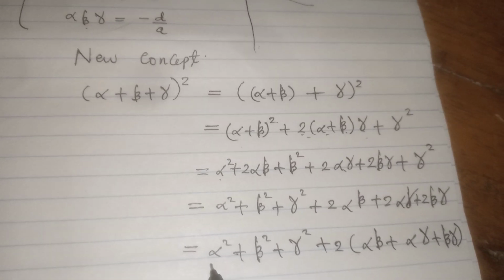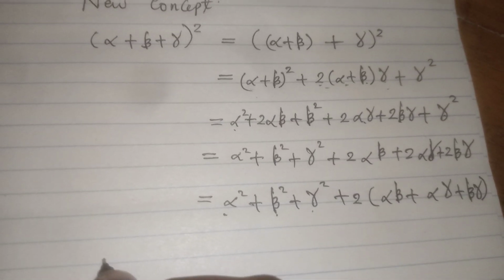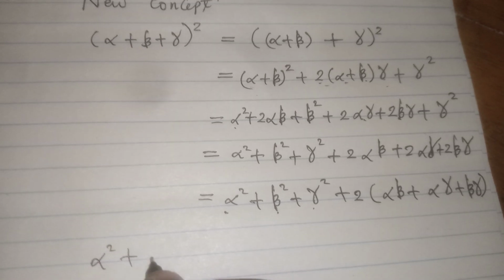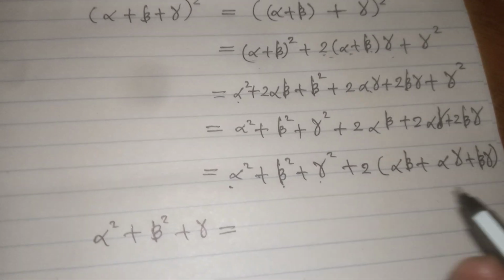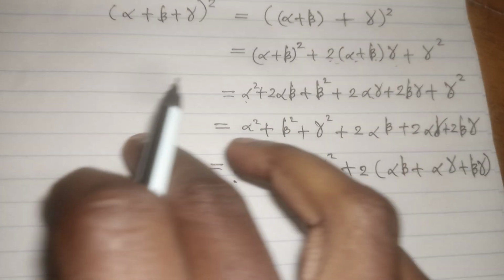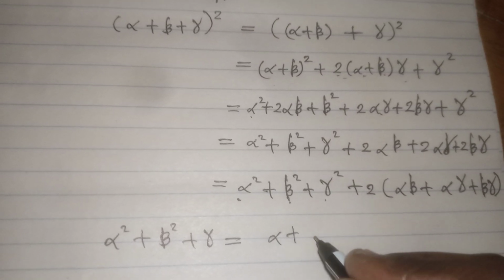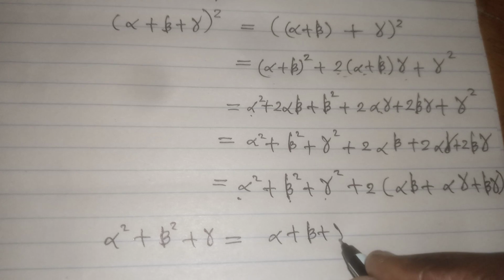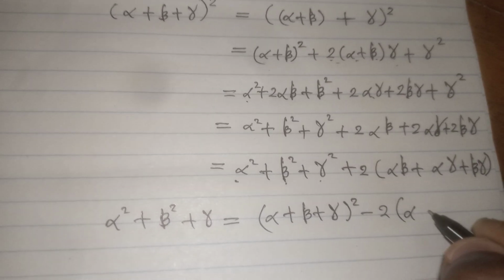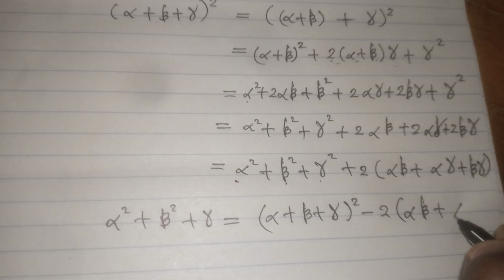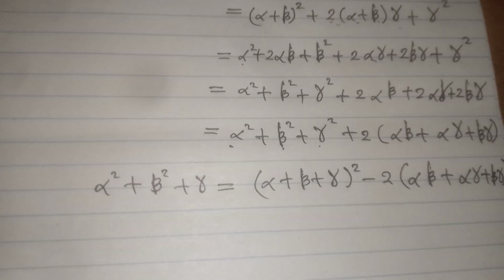Now if we make alpha squared plus beta squared plus gamma squared the subject, we transfer this to the other side. We get alpha squared plus beta squared plus gamma squared is equal to alpha plus beta plus gamma all squared, minus 2 times alpha beta plus alpha gamma plus beta gamma.